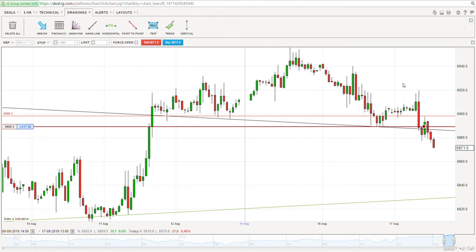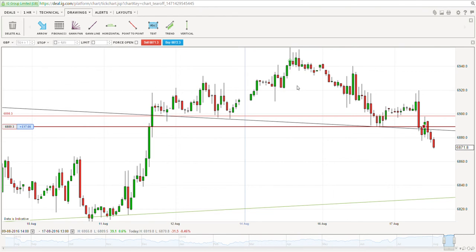So my downside target is going to be, we'll have a look here, the highest point there is 69.55. The lowest point here at the neckline is 68.88. So the difference between 68.88 and 69.55 is about 67 points.